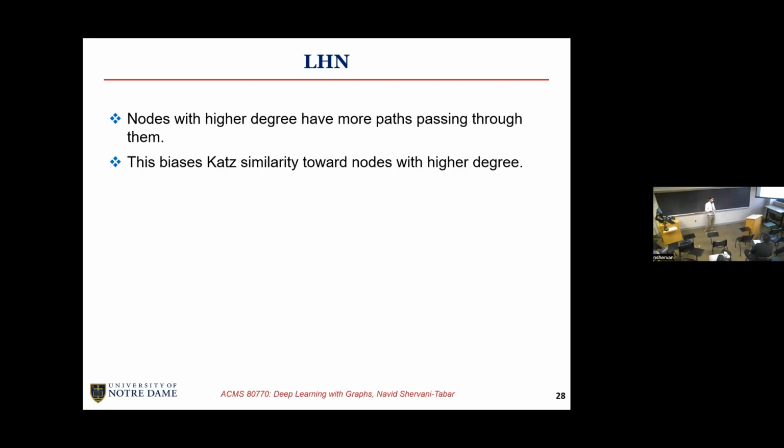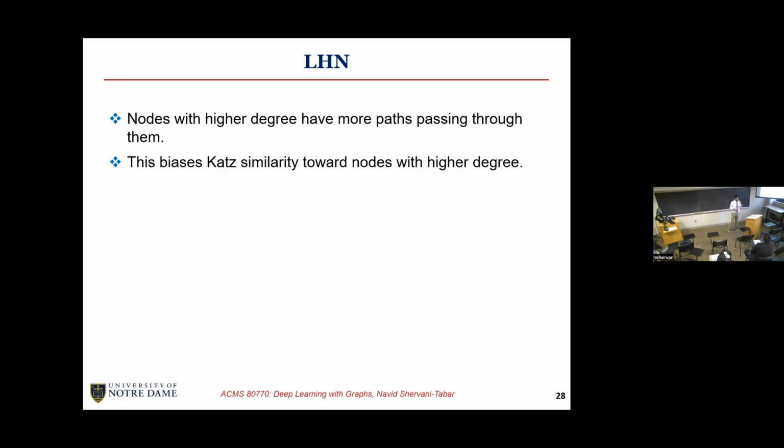We want to normalize the Katz similarity measure so that our output, our similarity measure, is not geared towards the ones that have higher degree. For this, we have the idea that if a node is participating in more paths than what we expect them to participate in, then we will give them a higher similarity score.